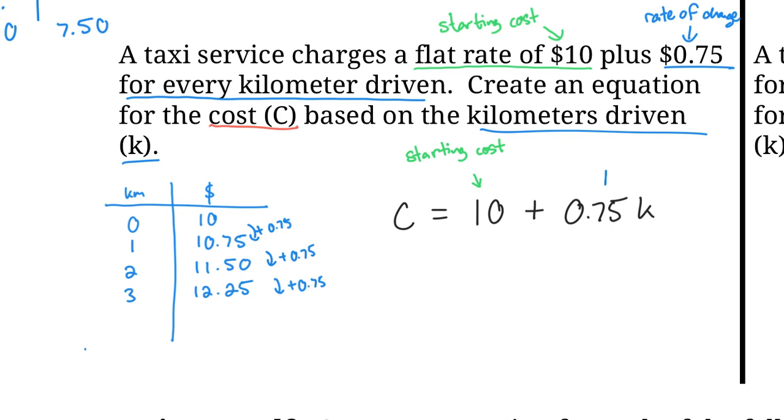But your rate of change is something that's going to be multiplied by something else, because your rate of change is going to be a cost per one item or 1 kilometer. So depending on the number of kilometers you have or the number of items that you're buying, your rate of change always needs to be multiplied by something.